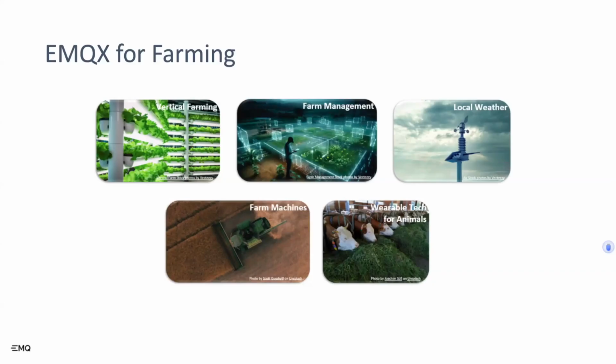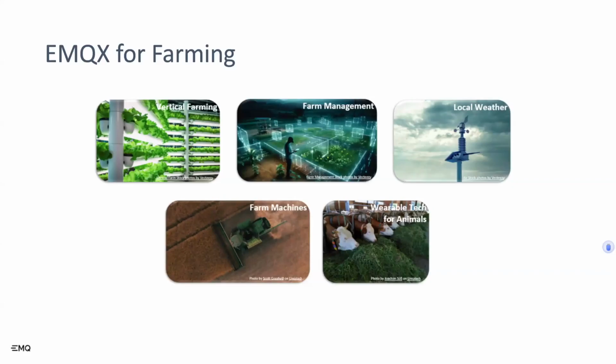You can also give them wearable devices to track their health and different metrics for those high-value animals, to make sure they are growing well and you won't lose them, or you can find any potential issue in a very timely manner. So you can prevent your potential loss. So these are the five highly relevant scenarios for the farming business.